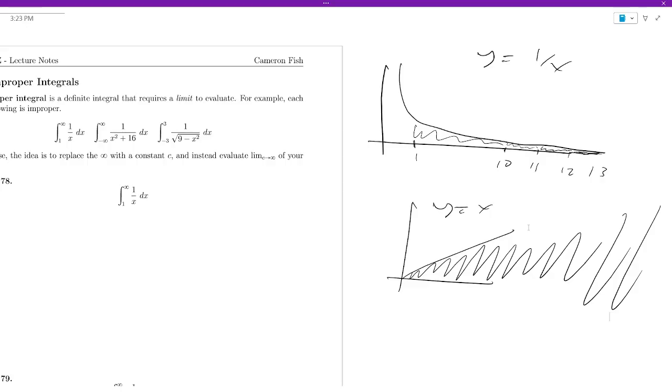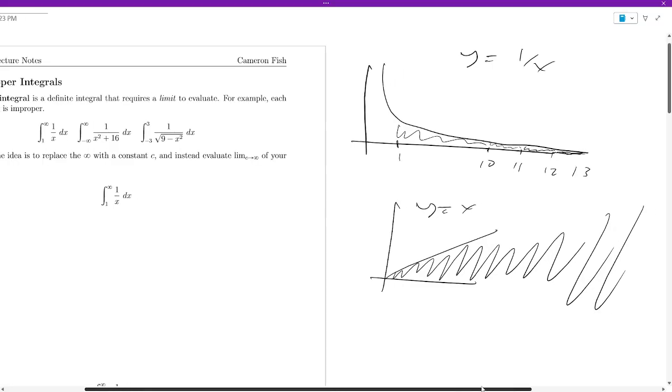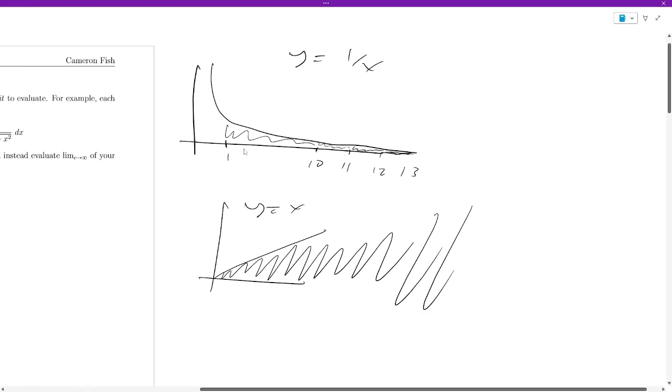What's perhaps surprising, but true and interesting, is that for a function like 1 over x, you will in fact get a finite number in a specific sense. If you integrate to 10, you'll get some decimal. If you integrate to 11, you'll get some other decimal, but just a little bit bigger. As you integrate more and more to the right, your decimals will start plateauing.